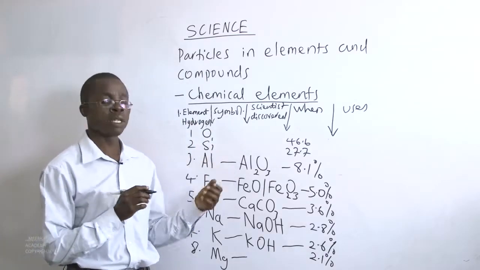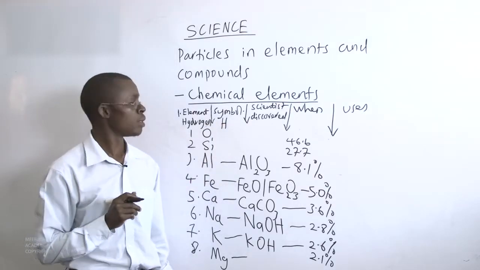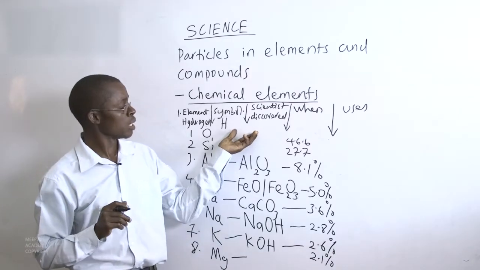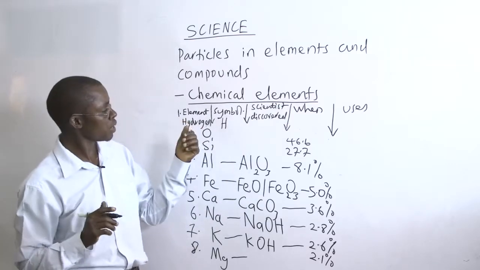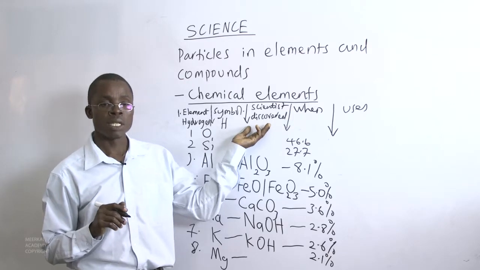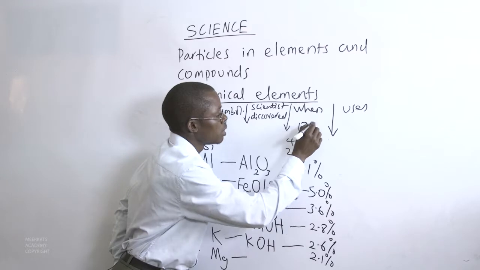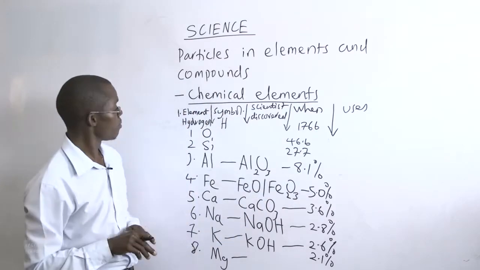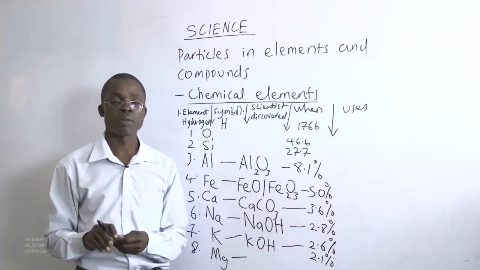Hydrogen as an element is written as capital letter H. It was discovered by a scientist called Henry Cavendish in 1766. Uses, I had mentioned this earlier in the lesson, hydrogen is used as a fuel.